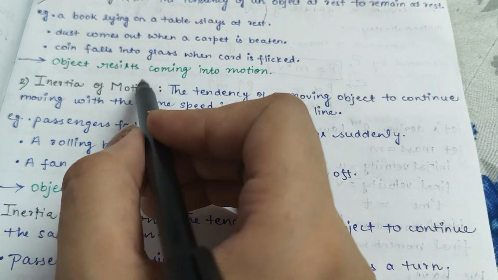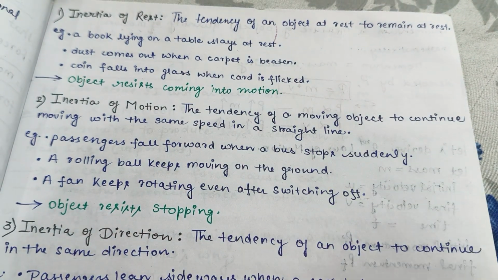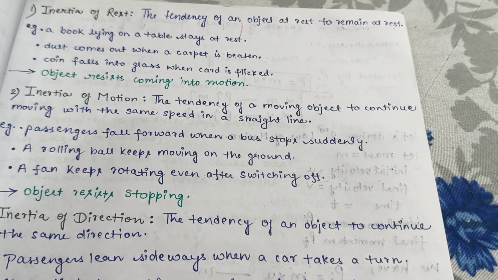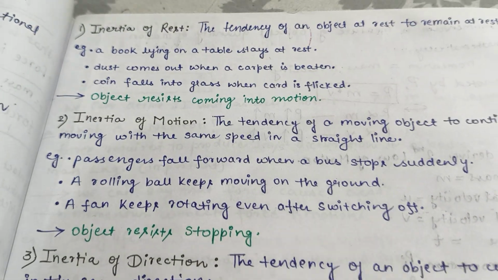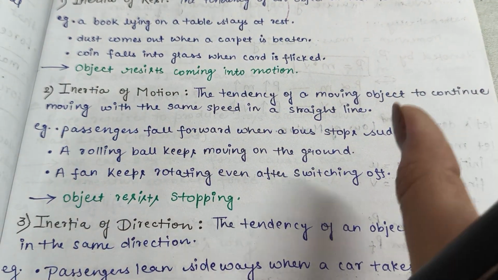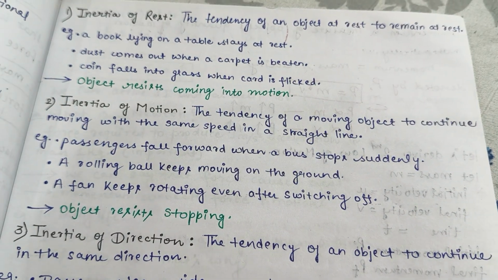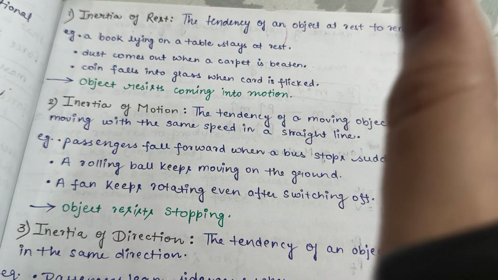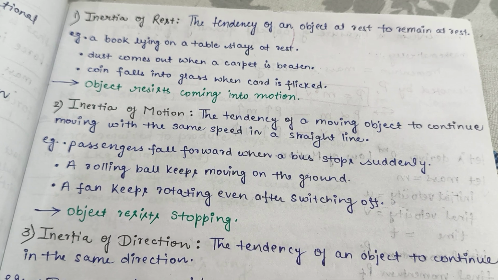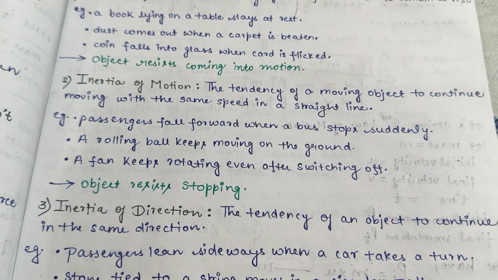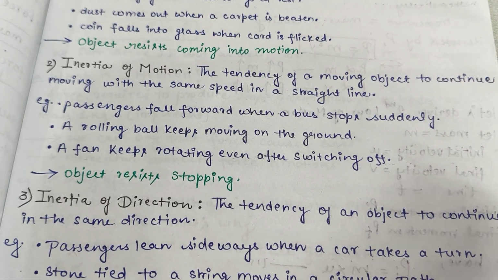And the third: a coin falls into the glass when the card is flicked, and it's a very interesting and very common example. What you have to do is pick a glass and a card, put the card on the glass, and now put the coin on the card. And if you flick the card, the coin will stay at its position only.